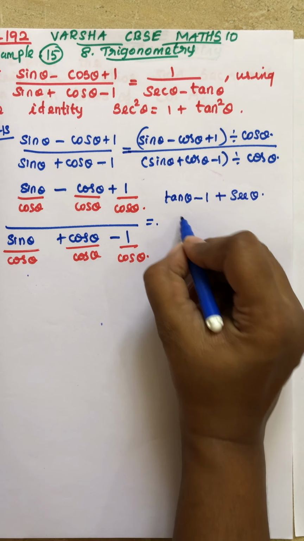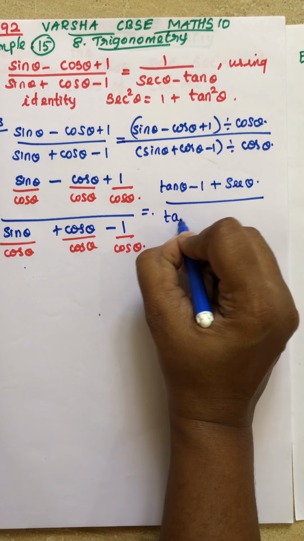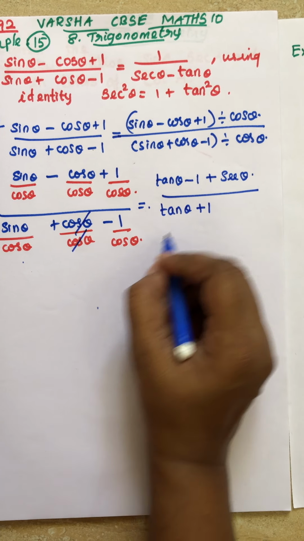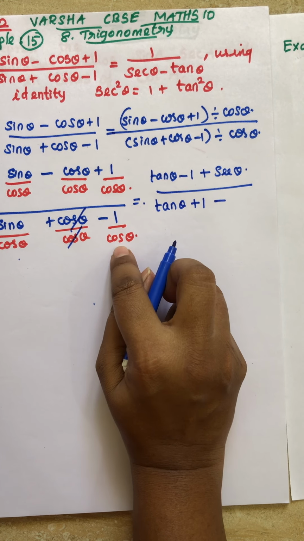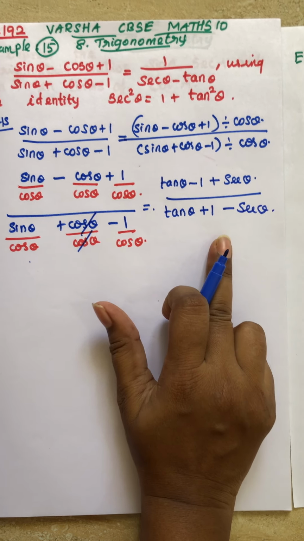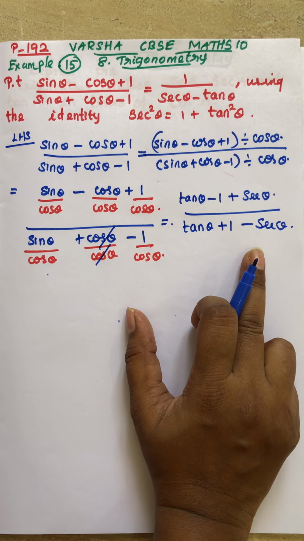Do you understand this step? Here sin by cos is tan, plus cos cancels to 1, and 1 by cos, the reciprocal, is secant theta. See, we get the terms in tan and secant.